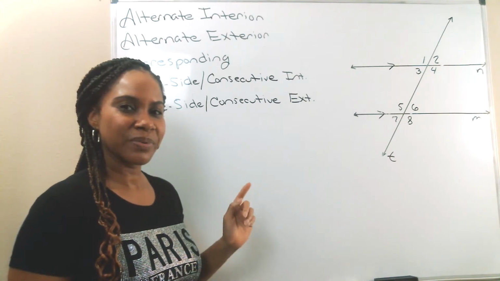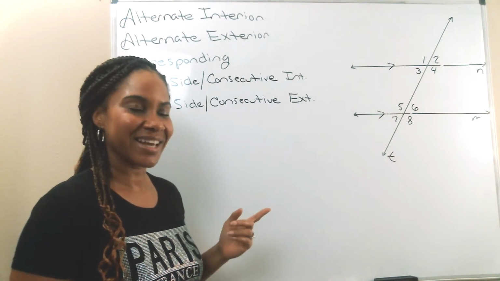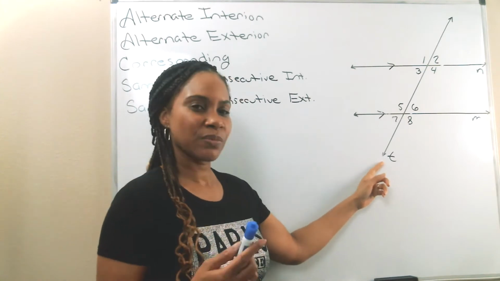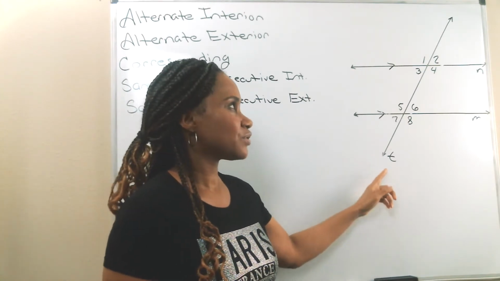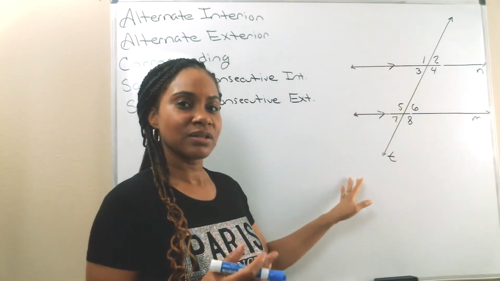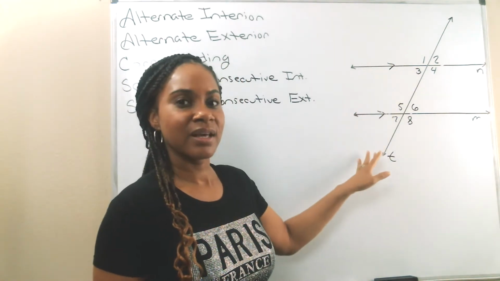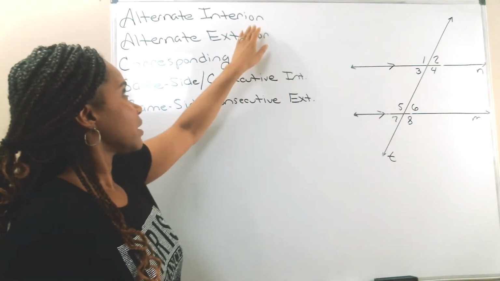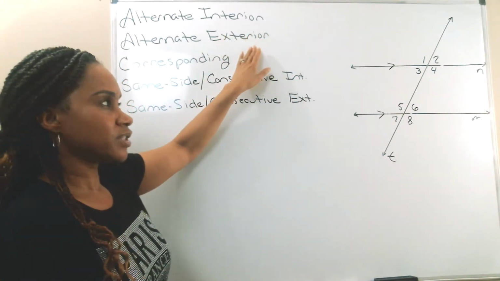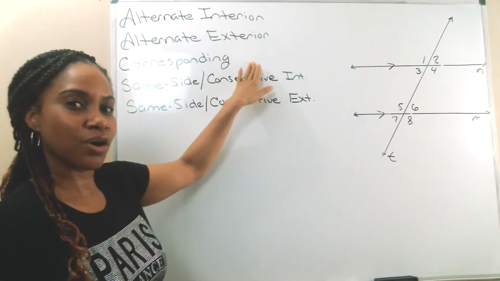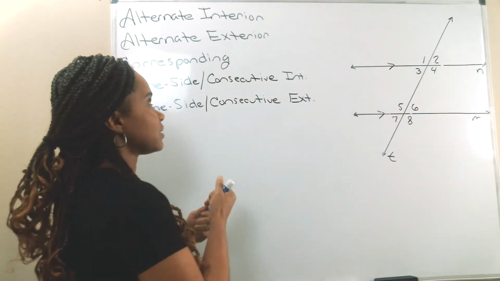So the properties of parallel lines state that if a transversal, and remember a transversal is a line that intersects two or more lines, intersects two parallel lines, then the alternate interior, alternate exterior, and corresponding angles are congruent.